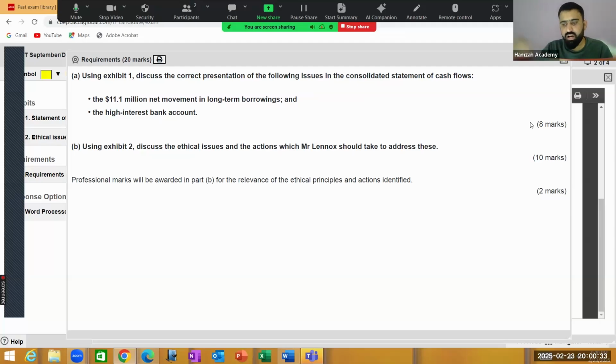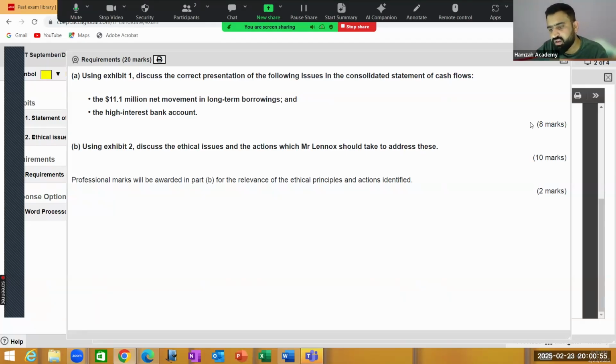So out of eight, 5 marks may relate to the 11.1 million, and 3 or 4 marks would relate to the high interest bank account, depending upon the professional marks available in this part.